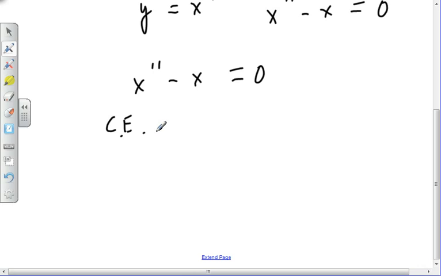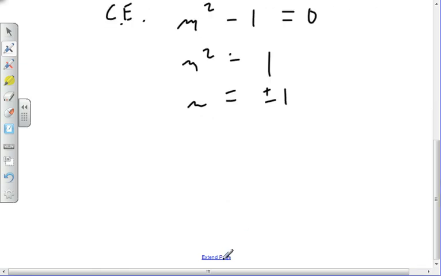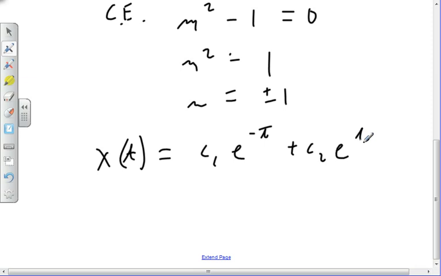And that characteristic equation is m squared minus 1 is 0. So m squared is equal to 1. M is equal to plus or minus 1. So x of t is going to be c1 e to the minus t plus c2 e to the t.